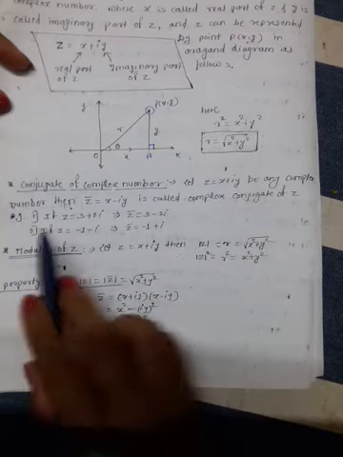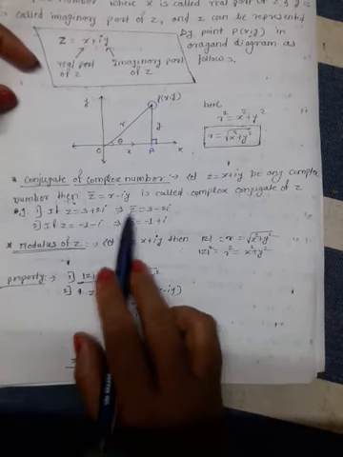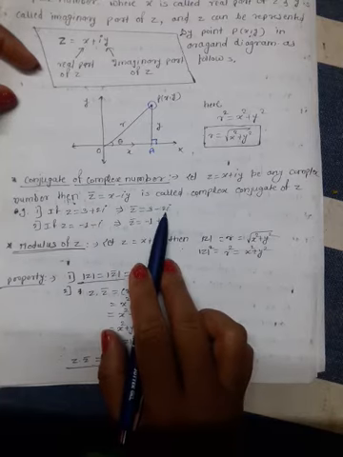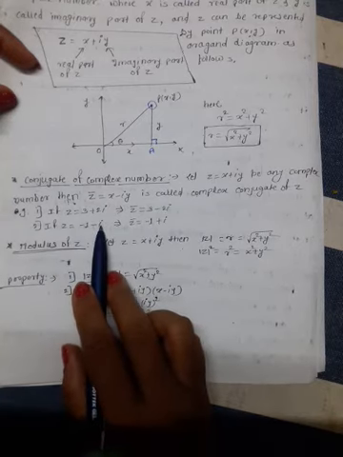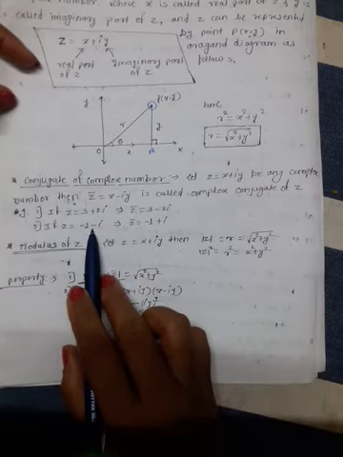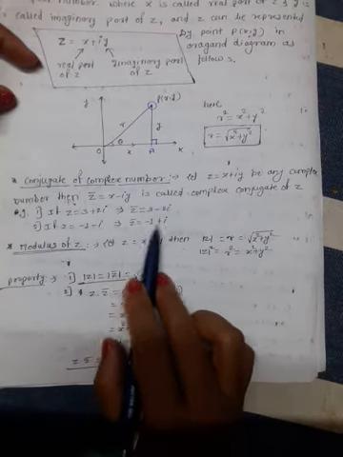For example, suppose z = 3 + 2i is a complex number, then its conjugate is obtained by replacing this plus with a minus sign, that is 3 - 2i. If z = -1 - i, then we just replace the middle sign, so the complex conjugate of this number becomes -1 + i.